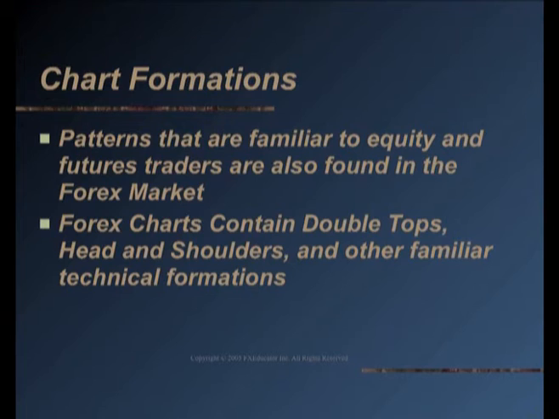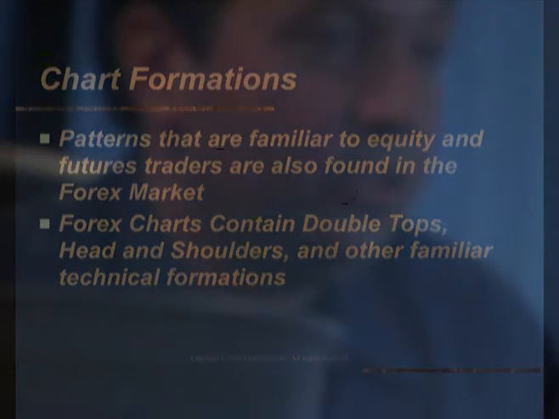Okay, Forex charts contain double tops, head and shoulders formations, and other familiar technical formations. In other words, you've seen all this before. The reason that the formations are the same in Forex as in other trading vehicles is simple. Those formations are not based on the instrument that is being traded. Those formations are based on human psychology.